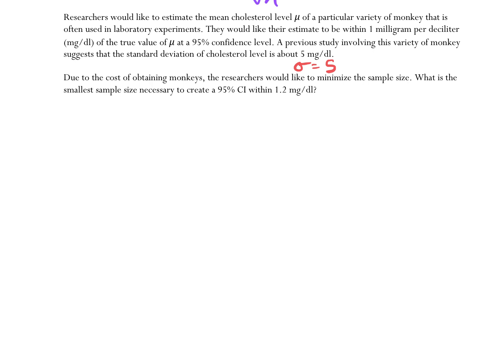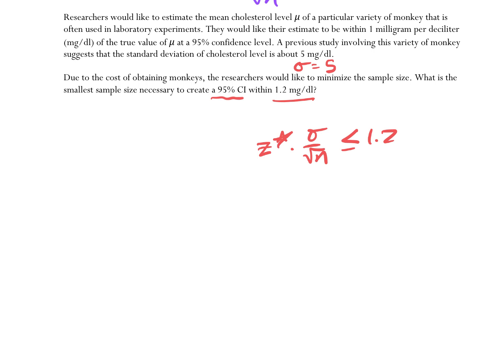All right, and so if I want to find a 95% confidence interval, and I want my margin of error to be within 1.2, I want to do my Z star times sigma over the square root of n.